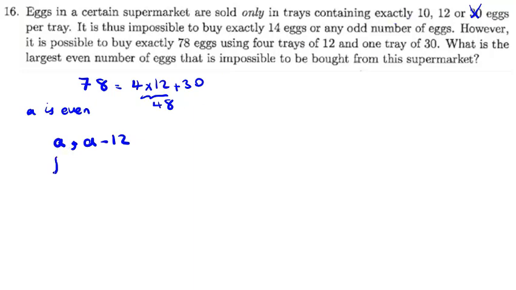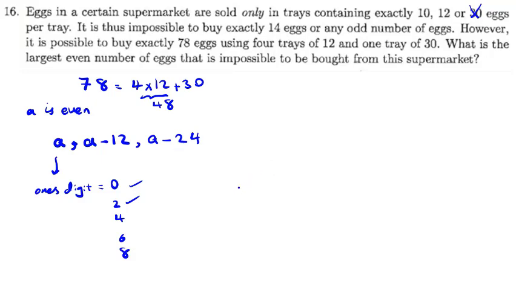Let's consider the ones digit. Because A is even, it can be 0, 2, 4, 6, or 8. If it is 2, then A minus 12 is a multiple of 10, and it will be okay, because the ones digit will be 0. If you subtract 24, that is two trays of 12, and the ones digit is 4, it will be a multiple of 10.